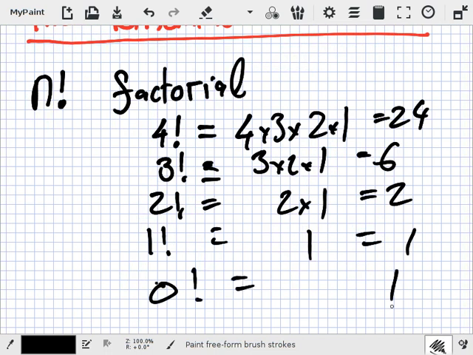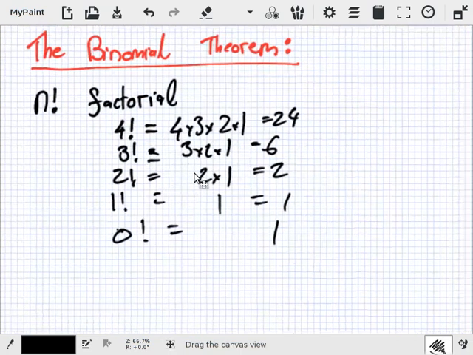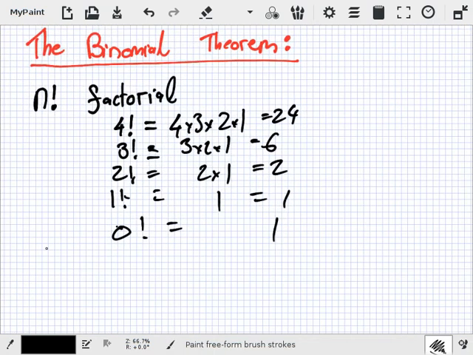It's 1. So 0 factorial is a bit strange. It's equal to 1. The reason I'm doing factorial is because now I want to define this function.